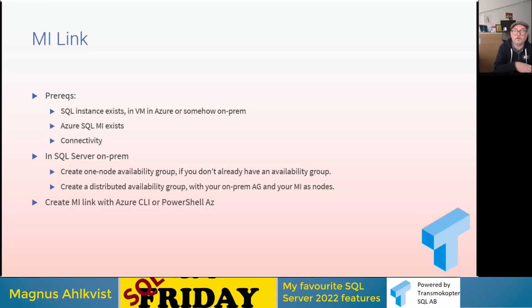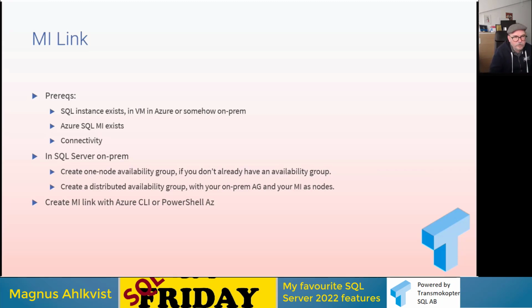How fast is your network between on-premise and your managed instance? But you can do that and leave it, have it do the automatic seeding, and when it's done, you will be able to query your managed instance as a readable secondary. You can test that your applications, at least the read-only workload, work, and then you can do a simple failover to Azure when all your applications are in Azure. You have the connection string set up, and then you can do the failover when you want to switch.